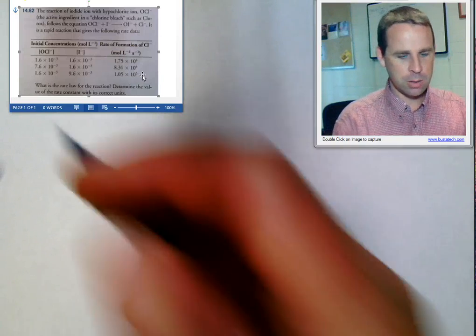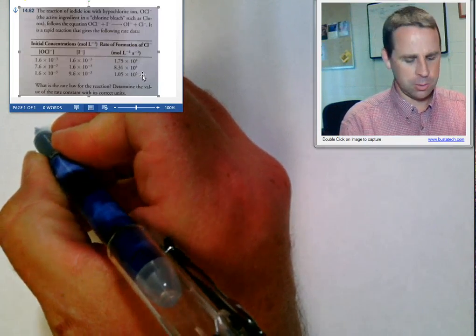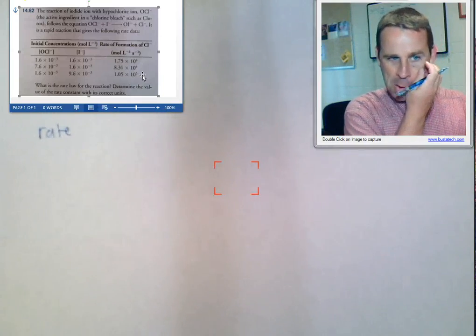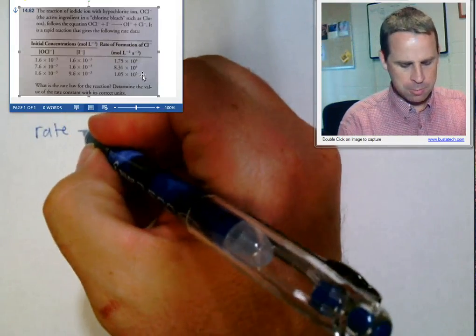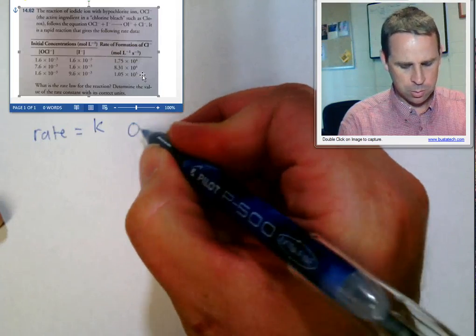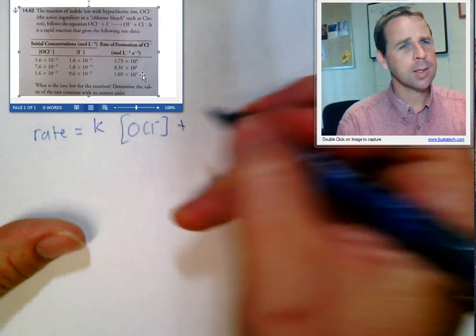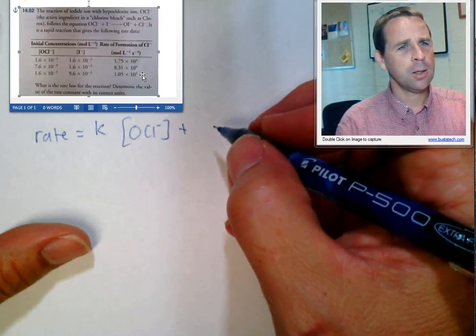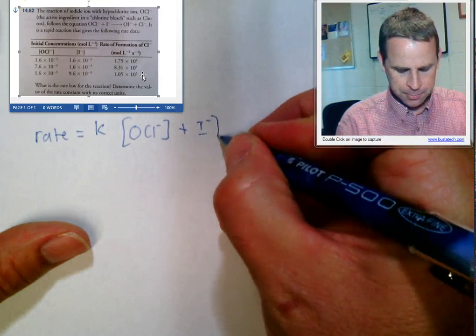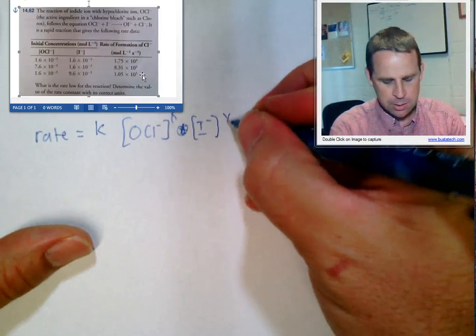The skeleton rate law would be something along these lines, where we have the rate being equal to some constant times the concentration of hypochlorite ion times the iodide ion, and both of these are raised to some exponents.